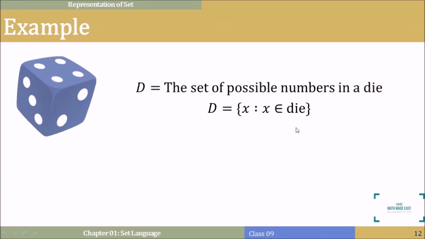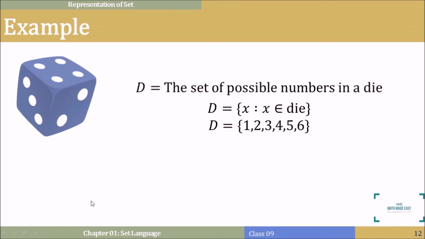That is, the numbers which are related to die are the elements of x, and we have to collect those elements and put them in this set. So x such that x belongs to die is nothing but 1, 2, 3, 4, 5, 6. And the third one is the roster form, which explicitly gives you the members of the set.